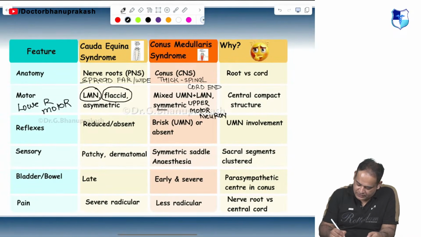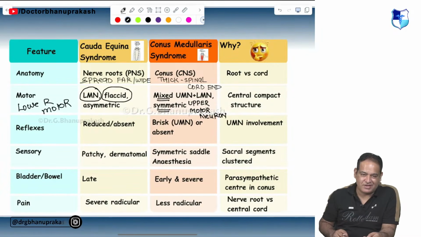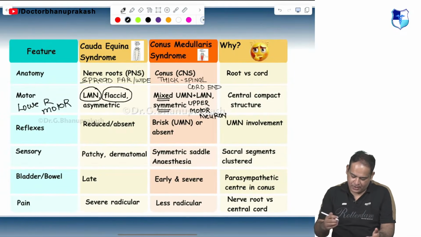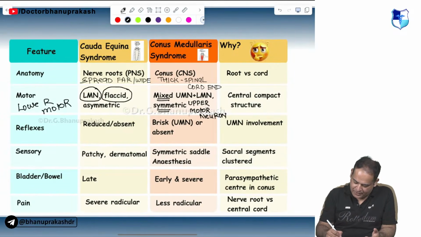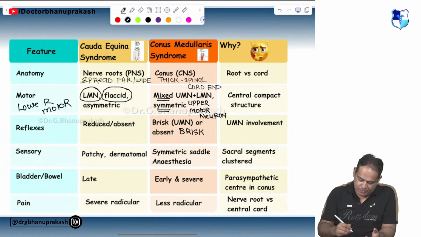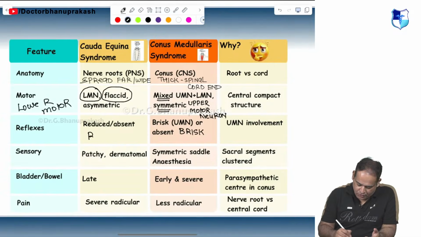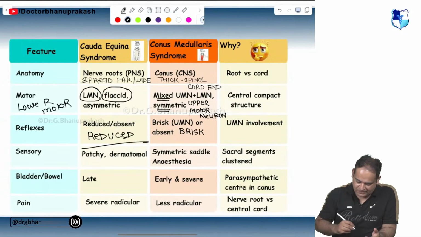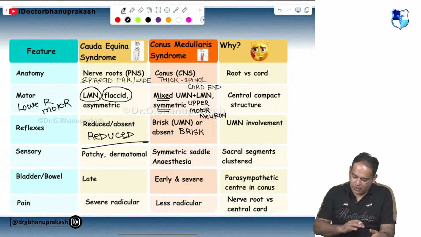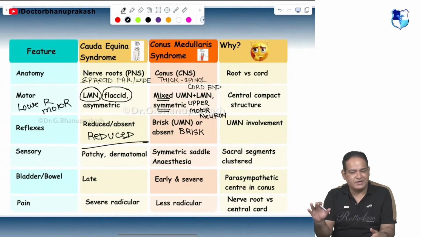So here it is symmetrical and mixed type. Paralysis is not flaccid, it could be spastic. Because it is an upper motor neuron, there are brisk reflexes. Because it is lower motor neurons, the reflexes are reduced. Reflexes are reduced.